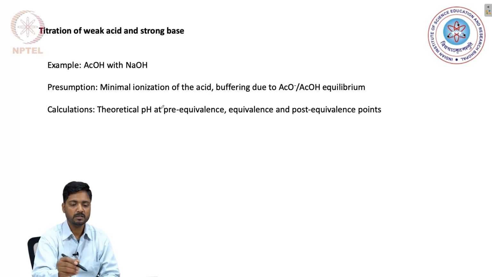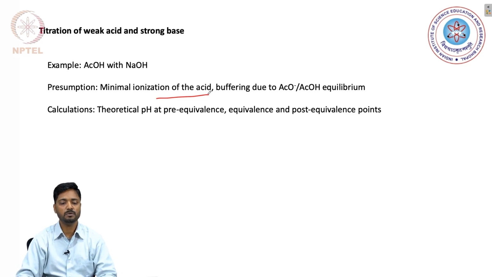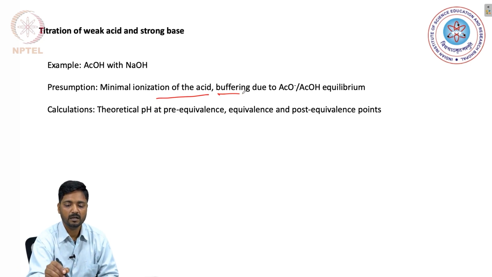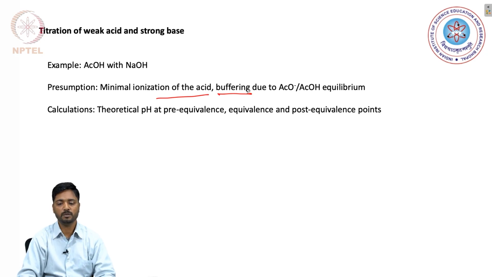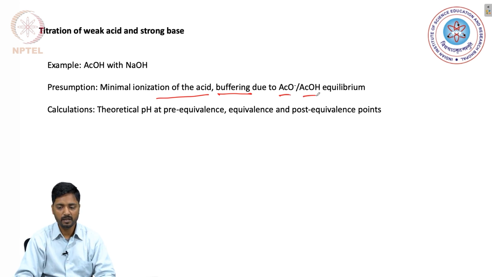First, of course, is that the acid being weak, it undergoes minimal ionization, and another very important aspect that will become relevant when we are titrating a weak acid and a strong base is the concept of buffering that happens due to the presence of the salt and the acid in equilibrium during the titration.